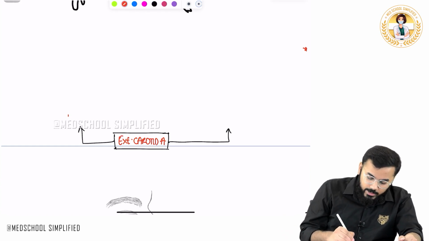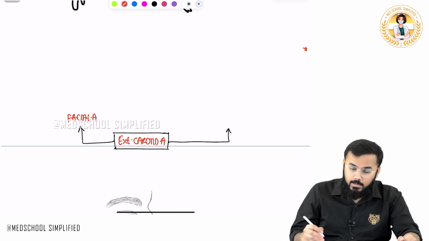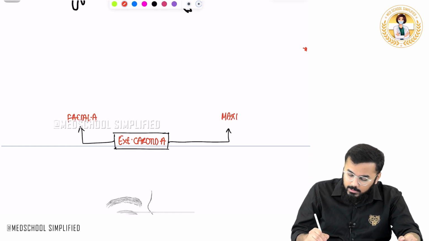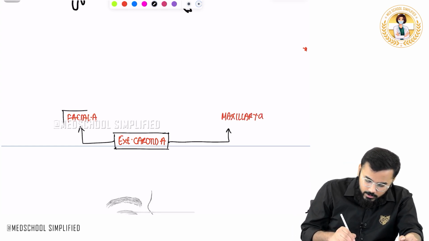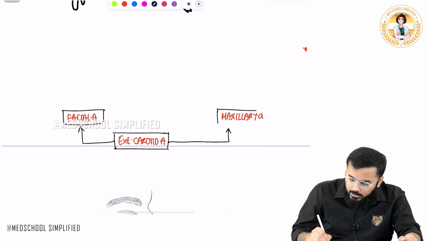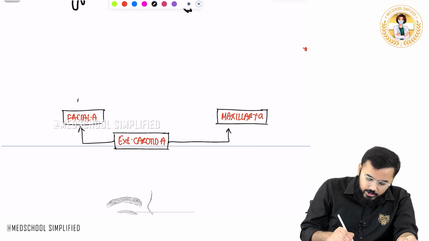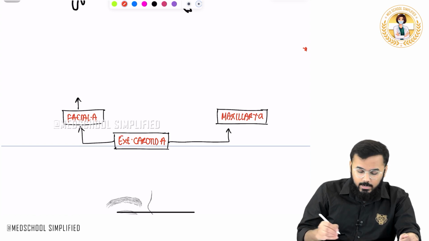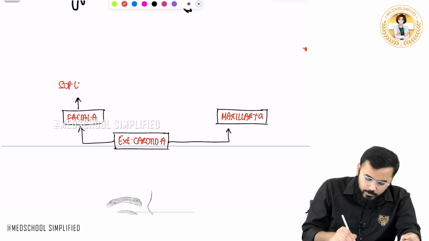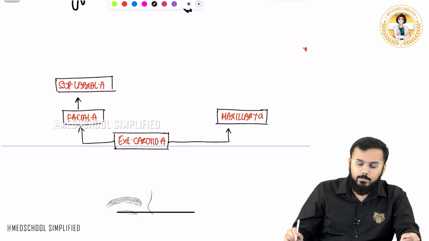This one is called the facial artery and the next one is called the maxillary artery. Now this facial artery gives one more branch and this is called the superior labial artery.